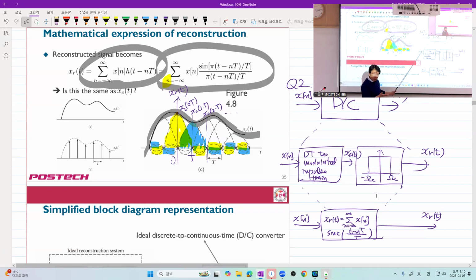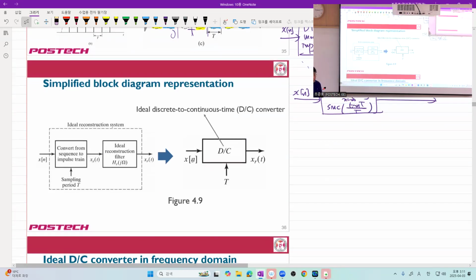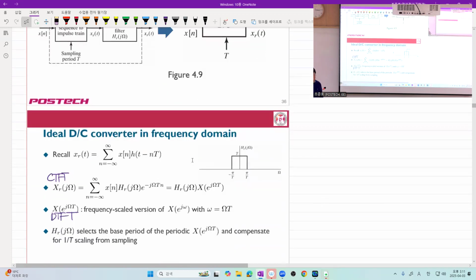Sometimes you view the D to C converter's inside as first a discrete time signal to a modulated impulse train, which is x of n delta of t minus nT, and then a low-pass filter. Continuous time signal in, continuous time signal out, low-pass filter. They are the same. Got it? So you have the entire picture. This is what I have drawn.